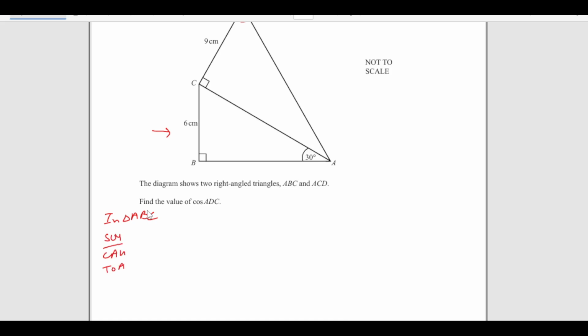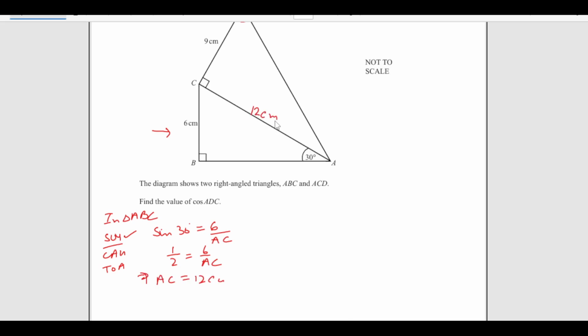We are looking for AC, right? So sine of 30 degrees will be 6 over AC. So sine 30 is half, 6 over AC, and from here we are going to get AC as 12 centimeters. So this AC is now 12 centimeters.